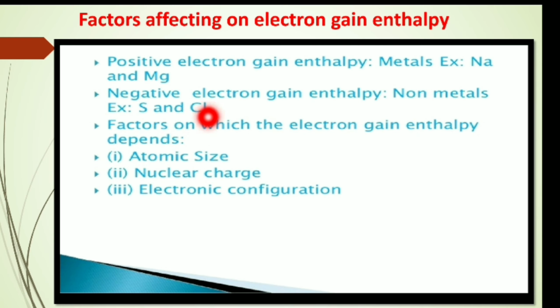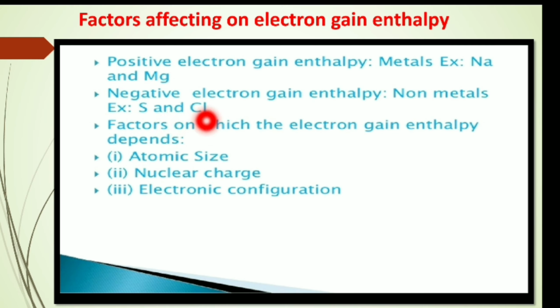In order to complete its octet, sulfur wants 2 electrons, so S2 minus. This shows the negative electron gain enthalpy, because to complete the octet it wants 2 electrons. By addition of 2 electrons to the sulfur, the amount of energy gets released.